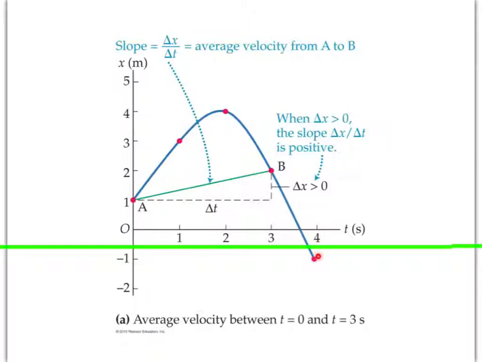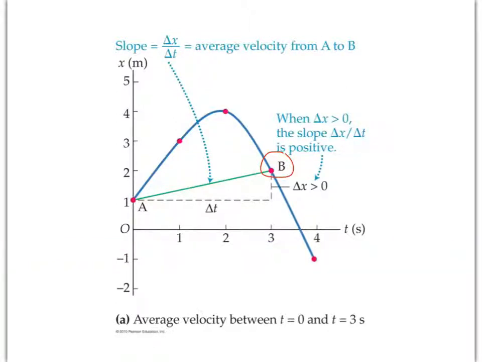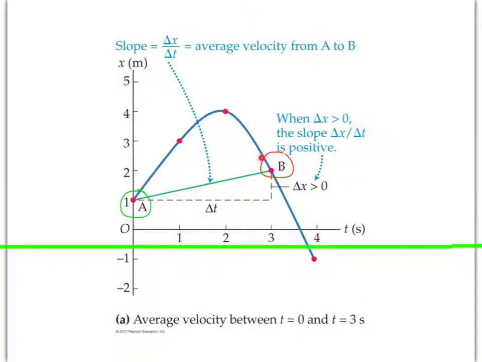Between any two points, let's say point A and point B, we'll circle B with red for stop and A with green for go. If all we care about is points A and B, then on average, even though he goes way forward and then comes back, you could simply connect a line between point A and point B. We call that a secant line.